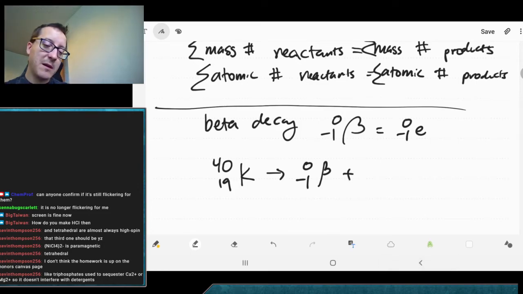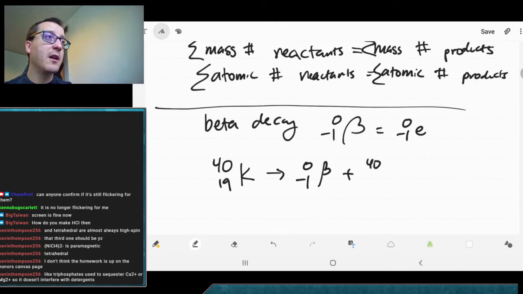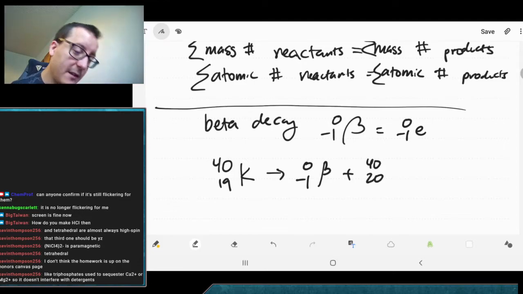If we want this one to be balanced, well, we need the 40 to be the same on both sides. So currently we have 0. So we'll still have 40 for our mass number. In this case, we have 19 on the left, -1 on the right. So we're going to need 20 then on the right to make them both equal to 19. And that will be calcium.